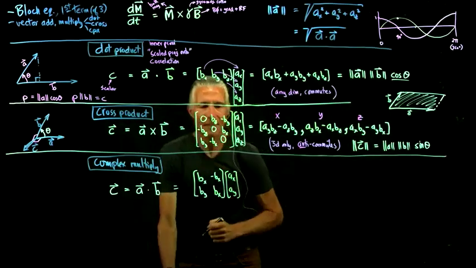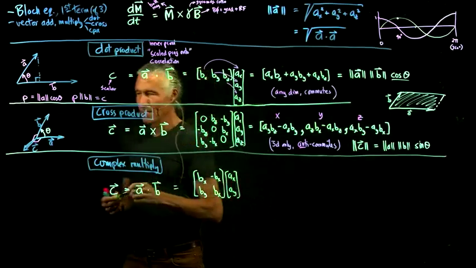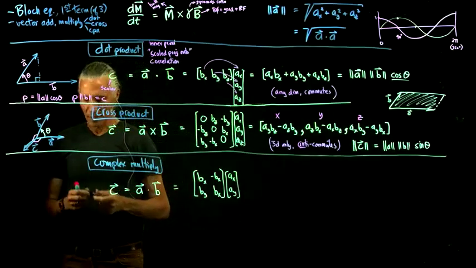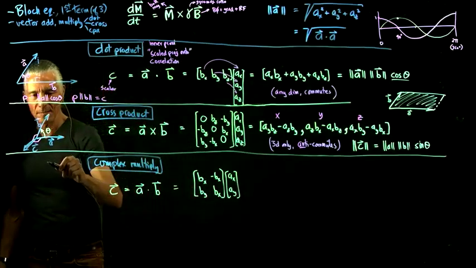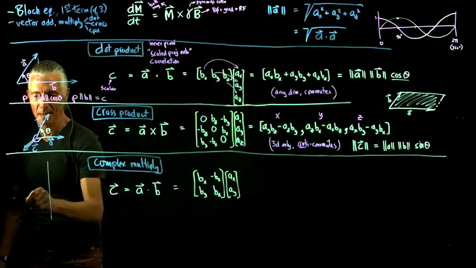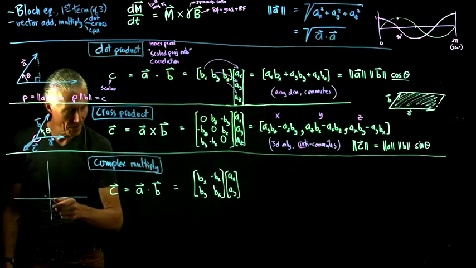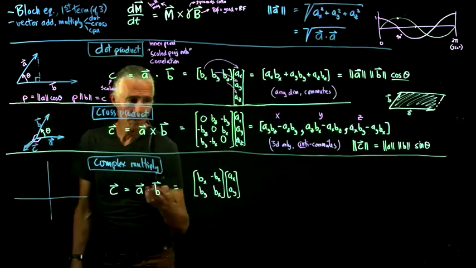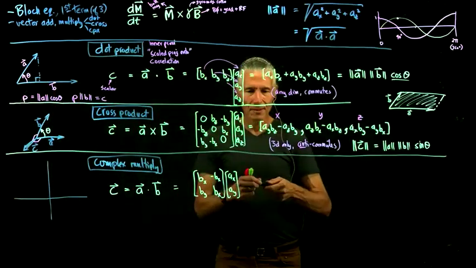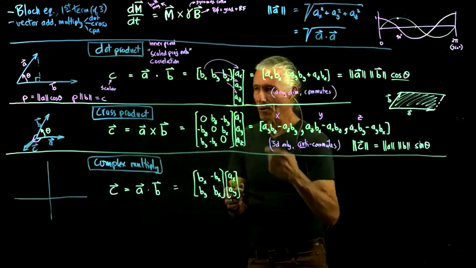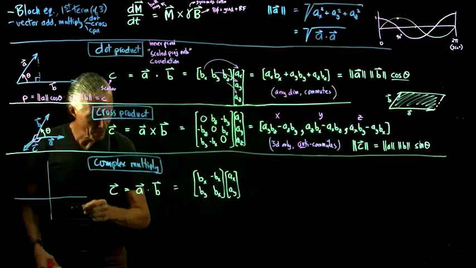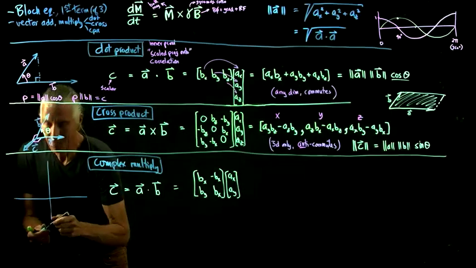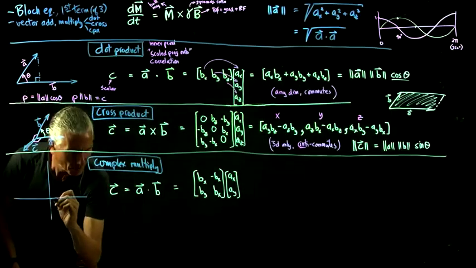So that's the little matrix that we need to multiply complex numbers. And what does that look like geometrically? That looks like yet something different. It's basically 2D only, although we'll show how you can generalize it to 3D or other dimensions.